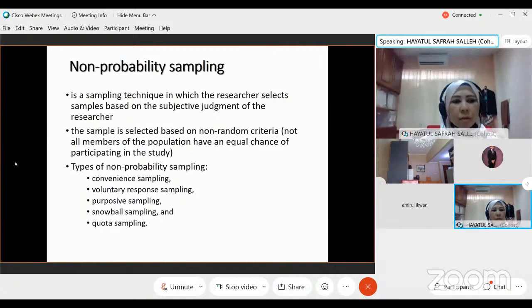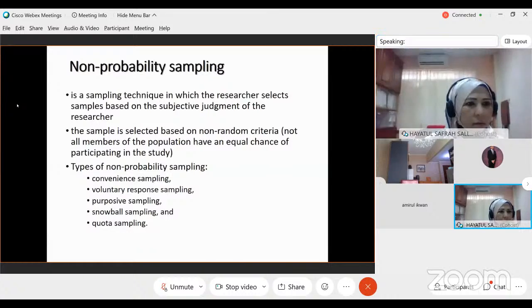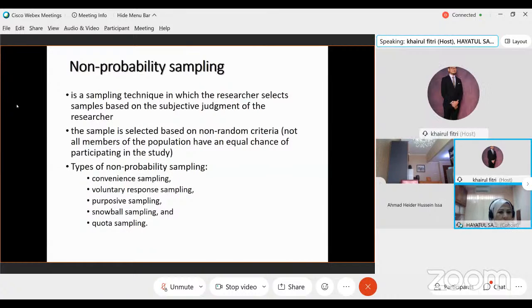Why can I not move the slides? I cannot move the slides. Somebody, can you? What happened here? Because I cannot move my slides. Can you stop sharing the slide and then begin to share again? All right.